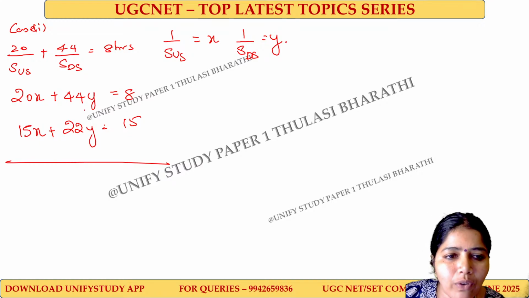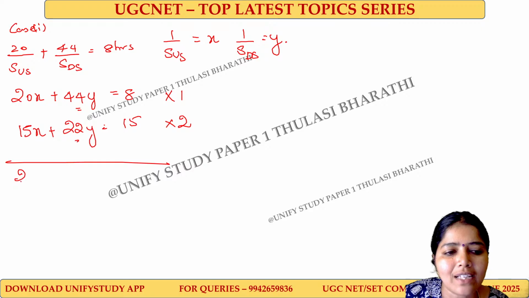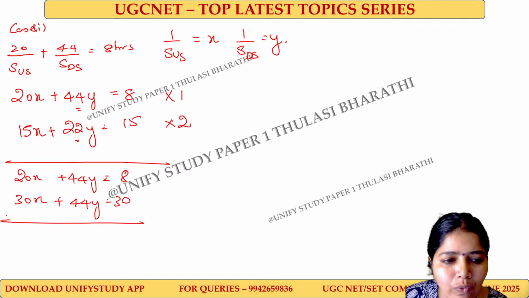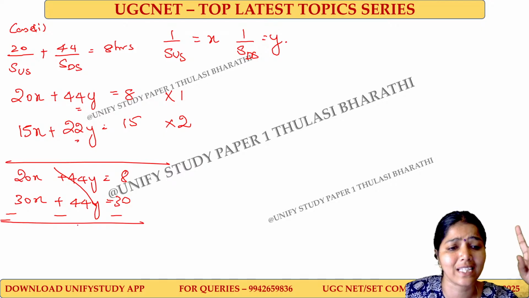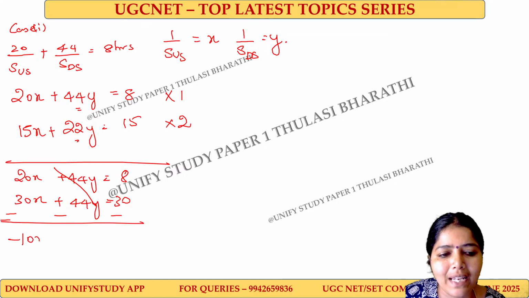Then now what we can do, see here we can make it a common one. Multiply this by 1 and multiply this by 2. Then what we will get is 20x plus 44y is equal to 8 and 30x plus 44y is equal to 30. What we can do, we can subtract. 44y minus 44y gets cancelled. This becomes minus 10x.